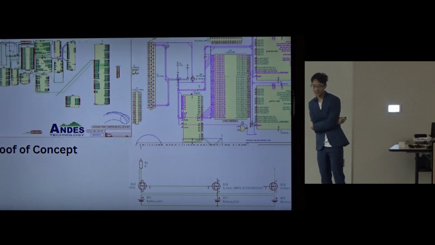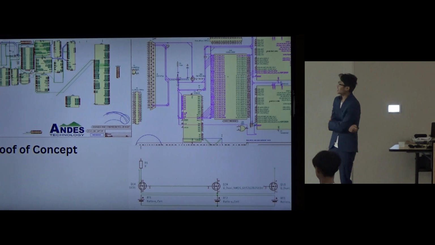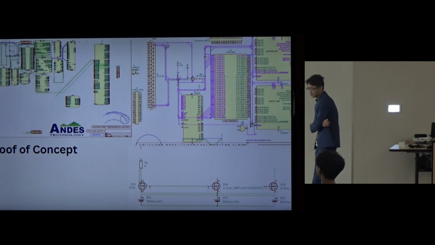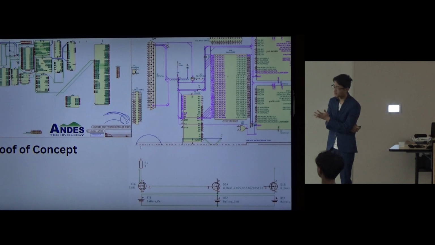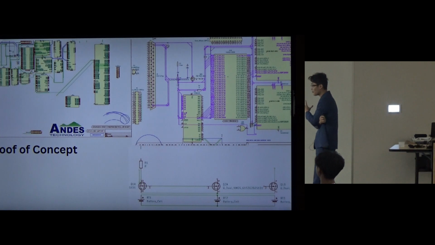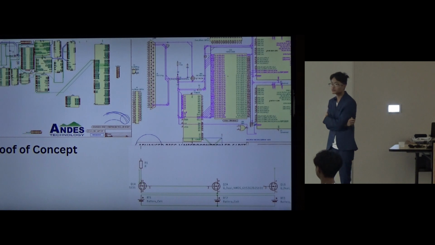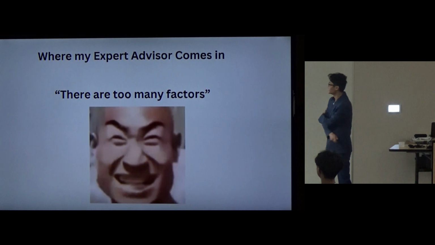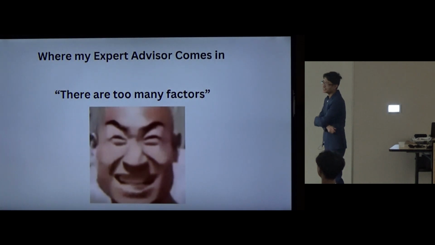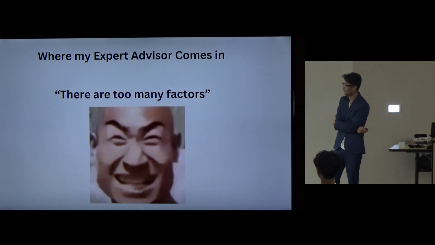So this is my proof of concept for my PCB. My idea of learning is to take every part and just experiment with it. There are too many factors. That is what my expert advisor told me.